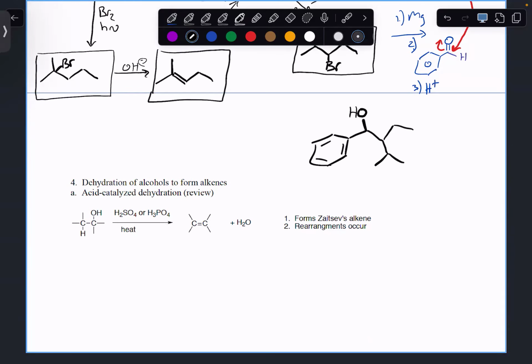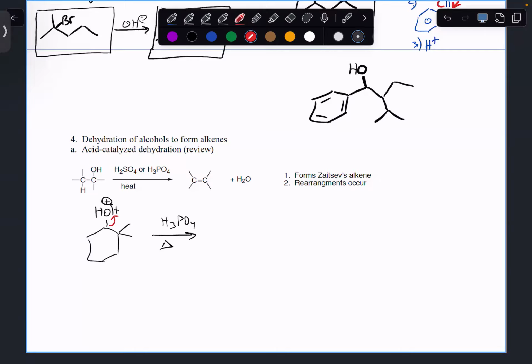As an example, if I had this alcohol and I treated it with phosphoric acid and heat, remember how this would work. The oxygen is going to go and protonate. That makes the good leaving group. Remember, dehydrations are E1, so it would just leave.